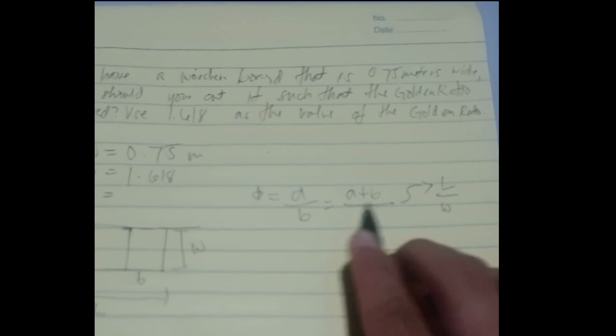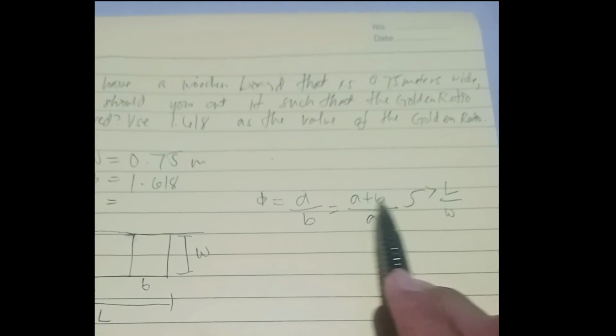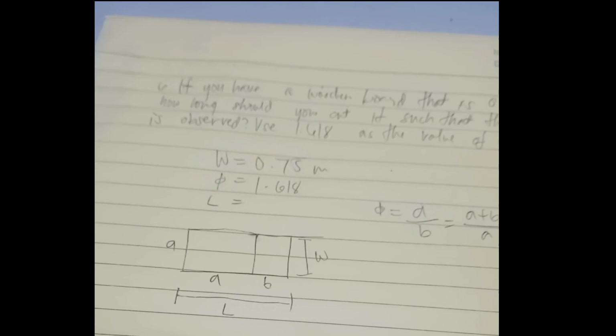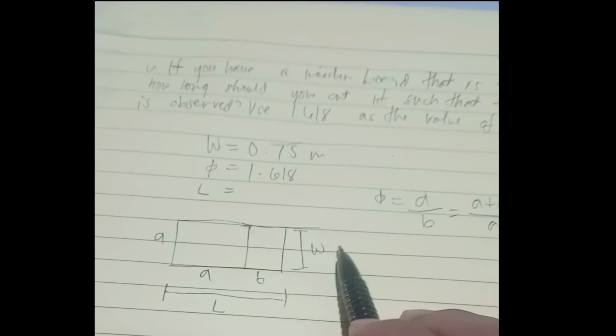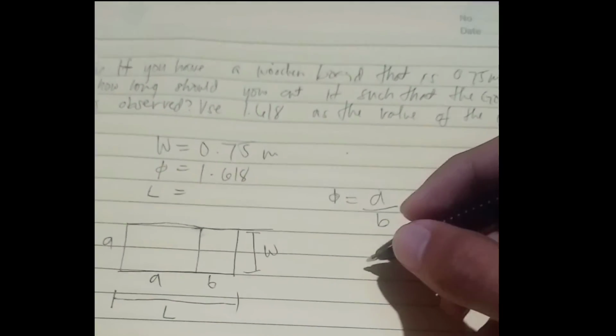Because if you notice, A plus B, A and B on top, this is the length. Then on the bottom, what we divide by is the width, so this is A, this side. So let's simplify so we can solve. So this is the given.